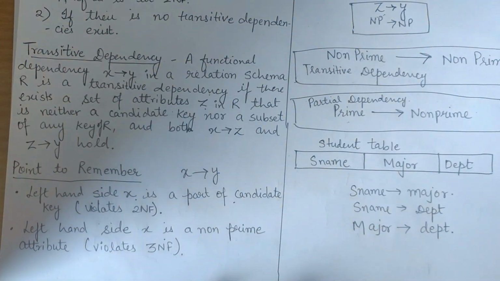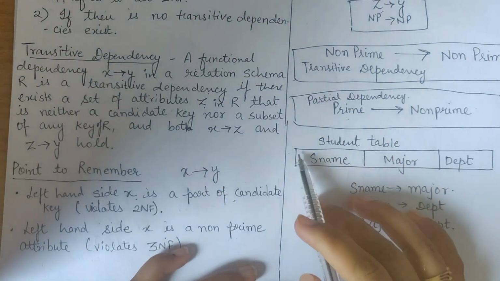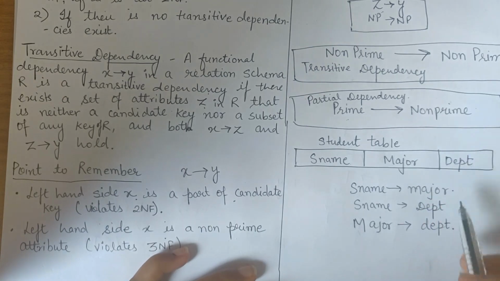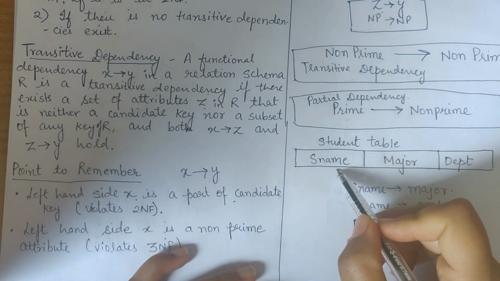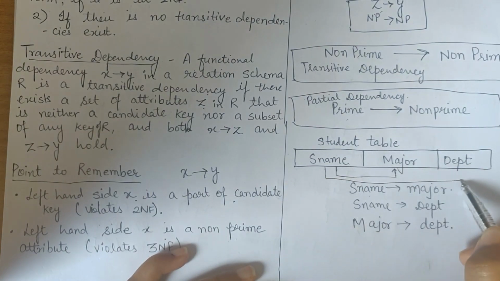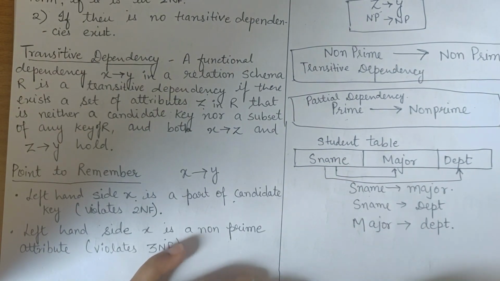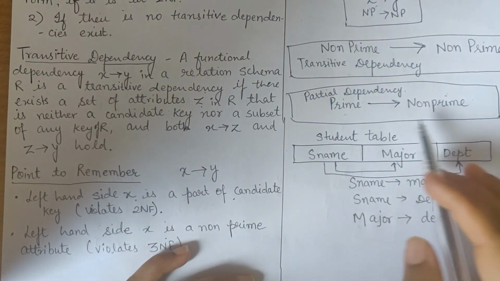So they are the functional dependencies. Now if you can see this, I can easily tell that this relation R or this relation student, S name is determining both. S name is determining major and S name is determining department also. So if I take the closure of S name, I will get this entire relation.